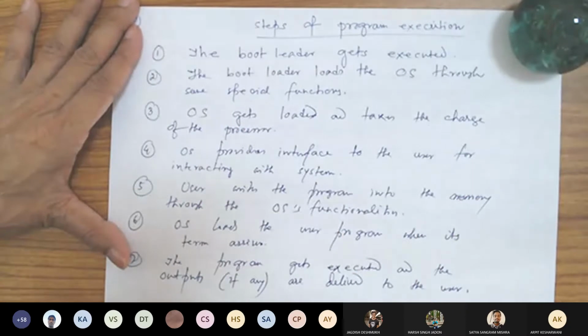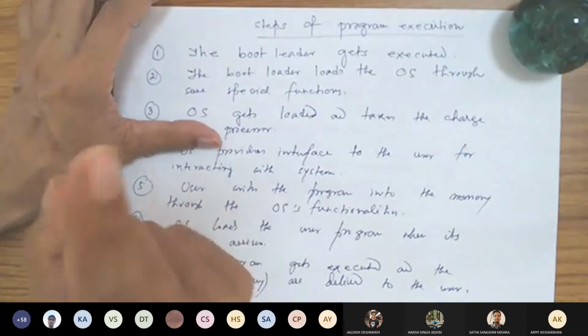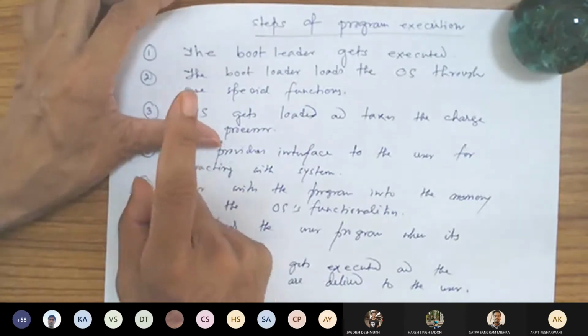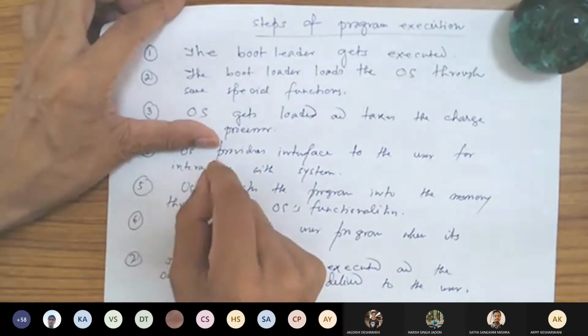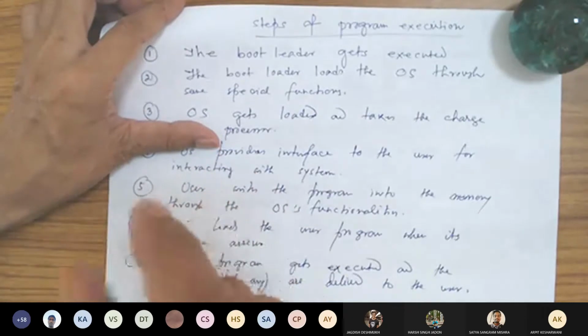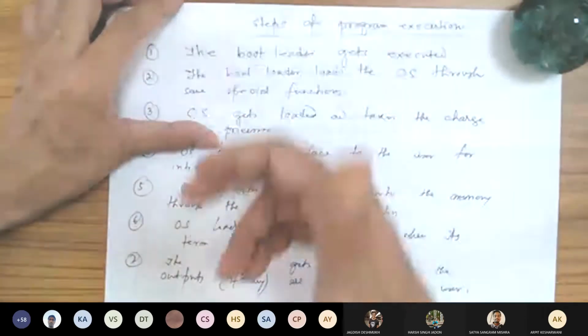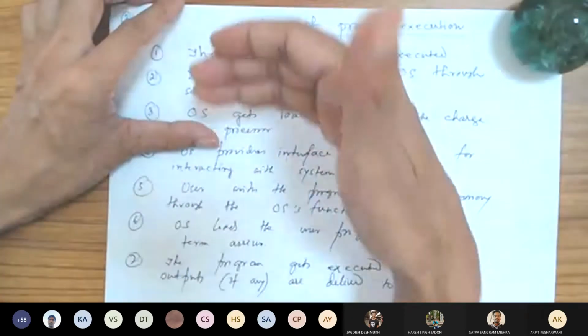Why do you require the CMOS battery? Because there are certain options which can be changed by the user, not the manufacturer, depending on the user's requirement. For example, adjusting the time, adjusting the date, adjusting the options of loading the operating system, which one will be taken first, which one will be taken second.